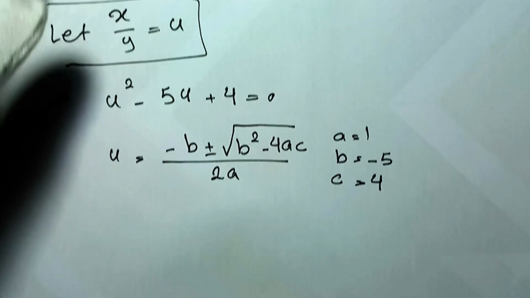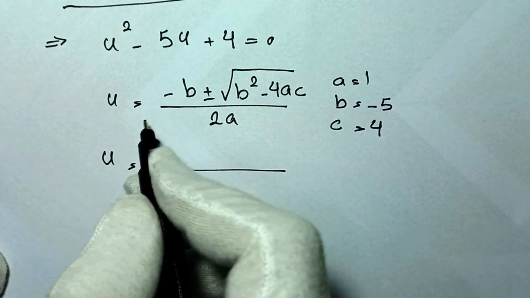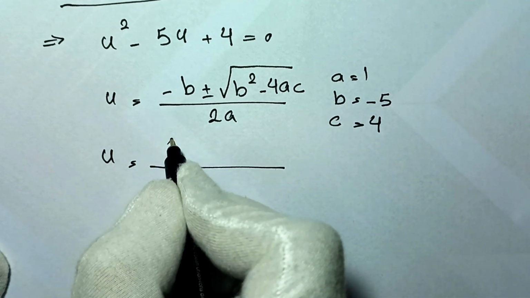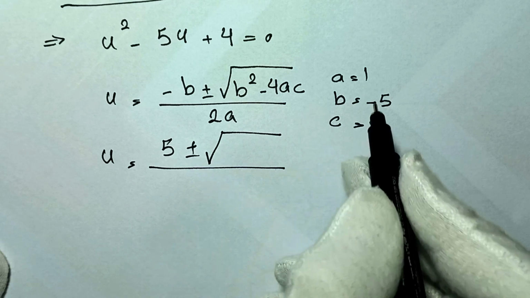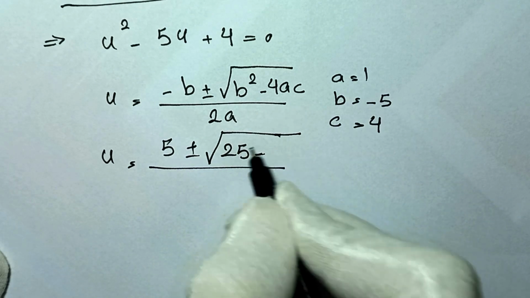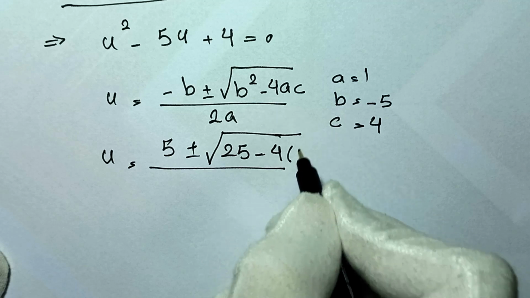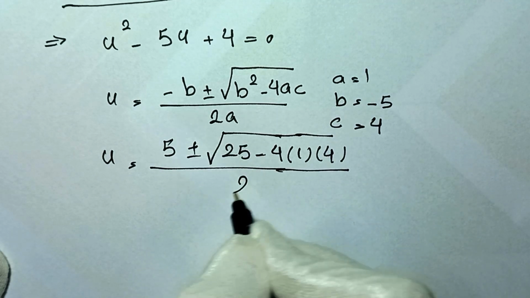So here u is equal to negative b, negative 5 is positive 5, plus or minus the square root of b squared, negative 5 squared is 25, minus 4ac, 4 times 1 times 4, over 2a, which is 2.